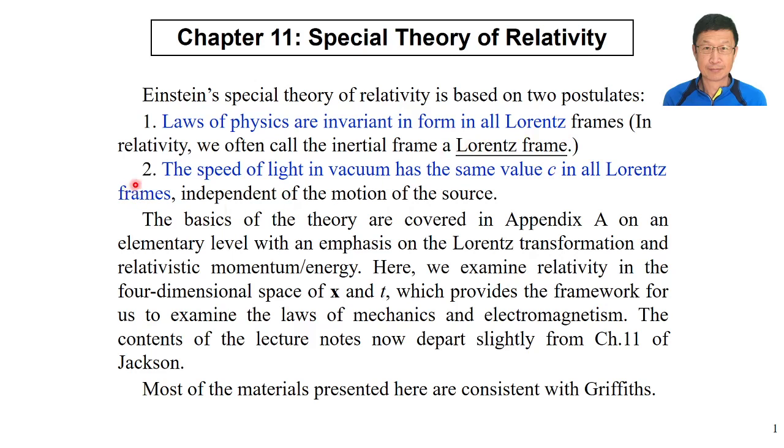Second postulate is the speed of light in vacuum has the same value c in all Lorentz frames, independent of the motion of the source.